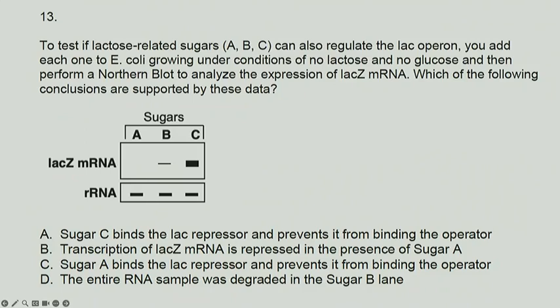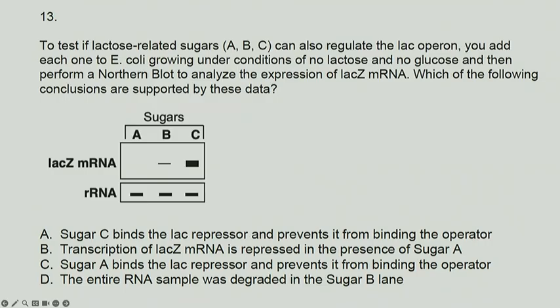How does lactose regulate the repressor? It binds to the repressor and releases it from DNA. So the repressor searches for a particular sugar, in most cases lactose. When that binds, it is released from the DNA and you get transcription.